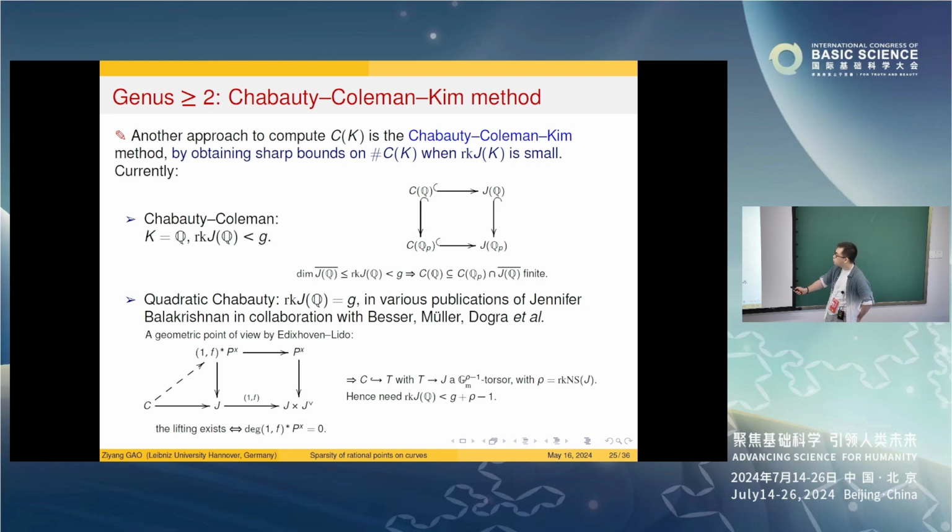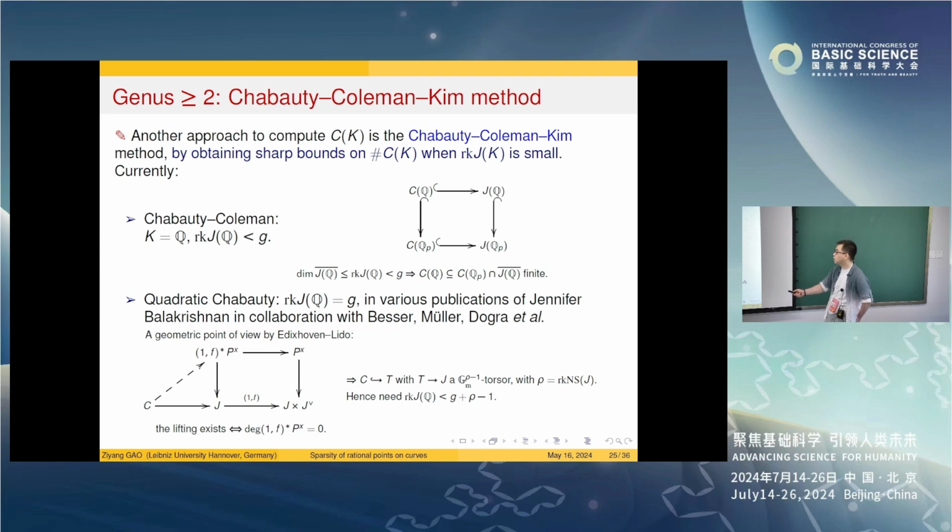All of them will be in J(Q_p), a p-adic variety. Now, C(Q) is in the intersection of C(Q_p) and J(Q), even the closure of J(Q). Now, it can be computed that the dimension of the closure is bounded by the rank. This is where we use p.